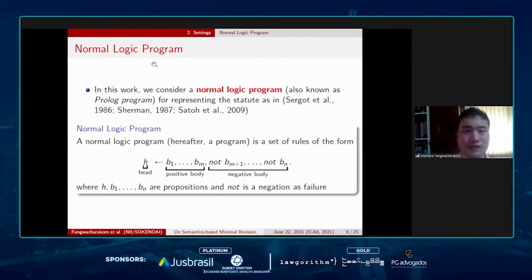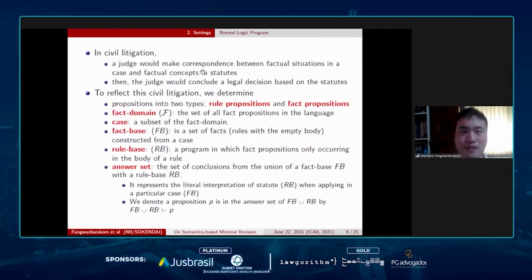In civil litigation, a judge would make correspondence between factual situations in the case and factual concepts in statutes. Then the judge would conclude a legal decision based on the statutes. To reflect this civil litigation, we divide propositions into 2 types. The first type is rule proposition, and the second type is fact proposition.